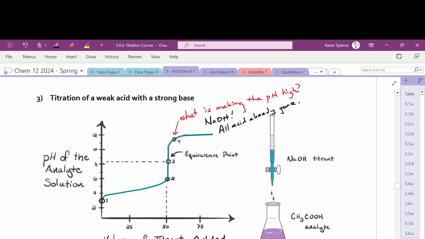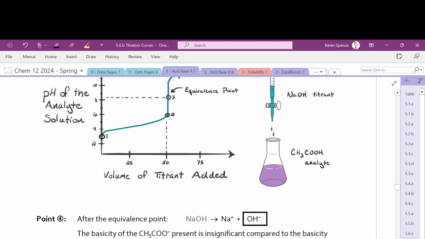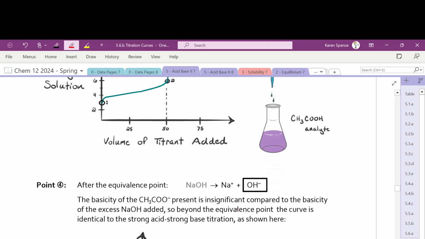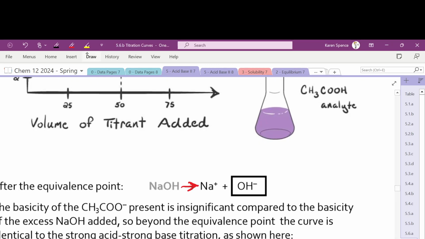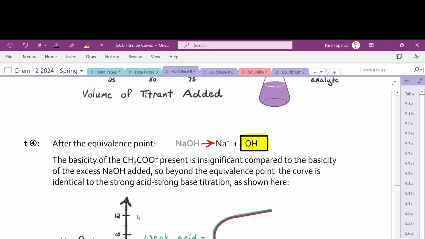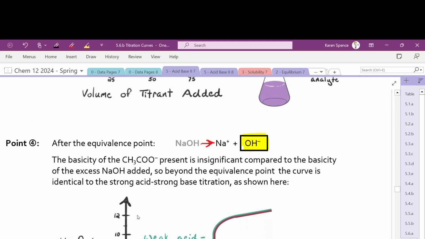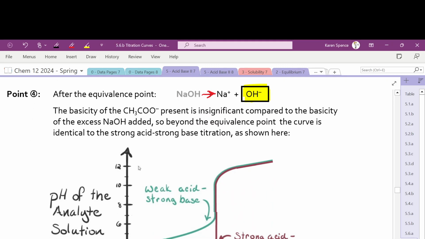So after the equivalence point, we're adding NaOH, which dissociates completely, and all we have is the OH- ion from the NaOH. Oh, and look, here we have a comparison between the strong acid, strong base, and the weak acid, strong base. Isn't that nice?